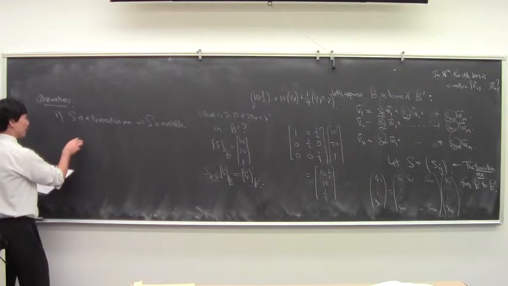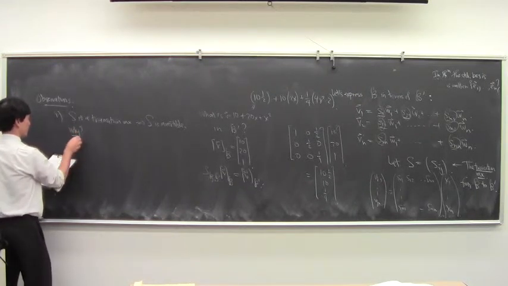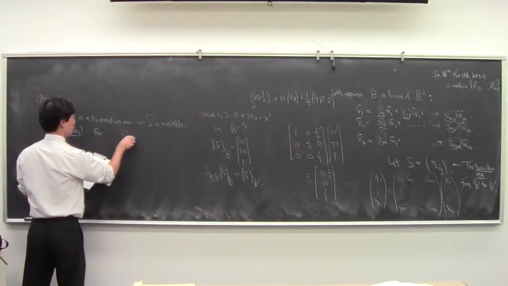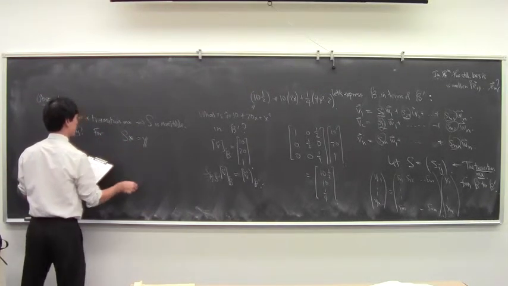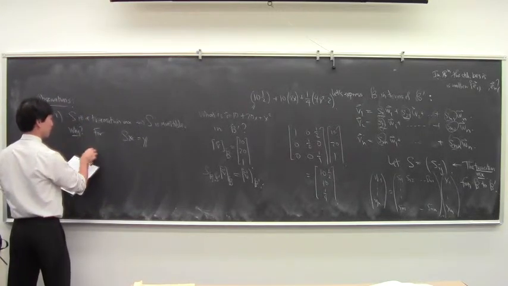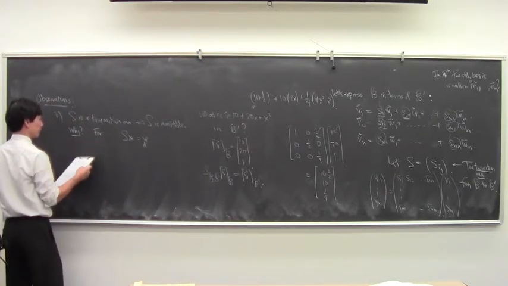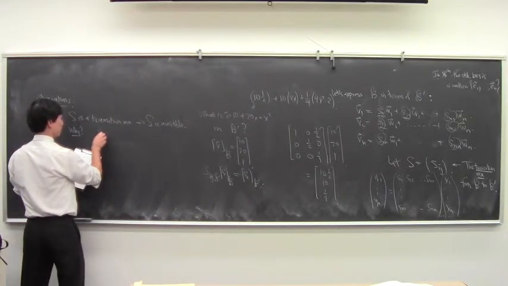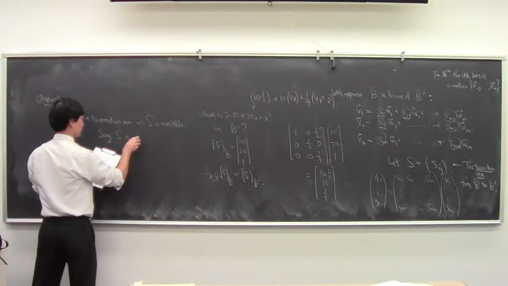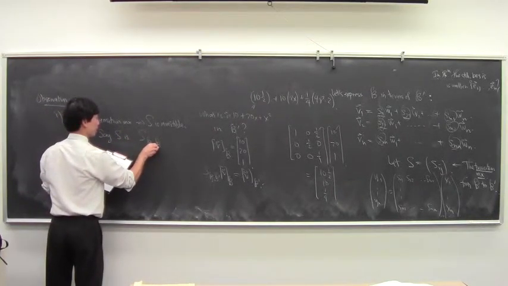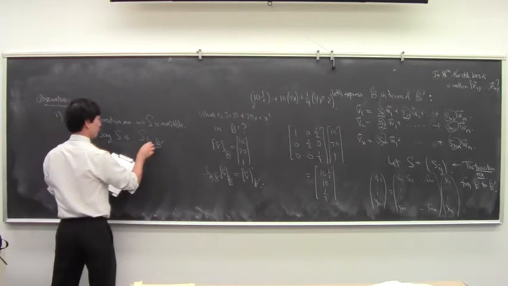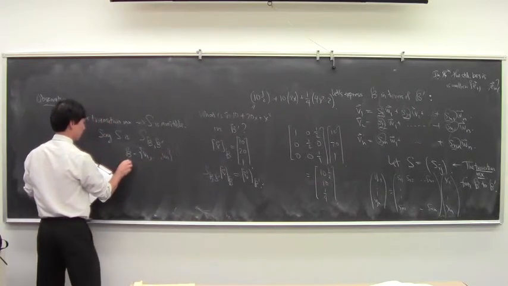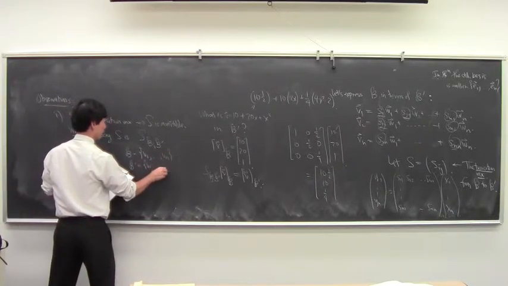Why? Say S is the transition matrix from B to B prime, where B is B1 through Bn, and B prime is W1 through Wn.